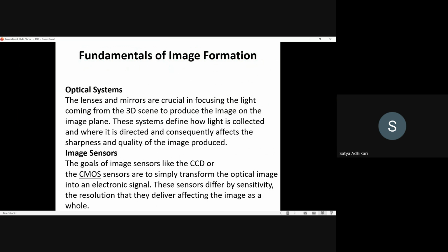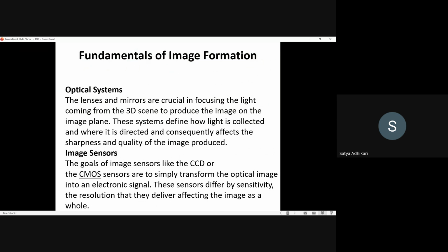For this purpose, the lenses and mirrors are crucial in focusing the light coming from the 3D scene to produce the image on the image plane. So when you are capturing an image of an object, there are lenses or mirrors.